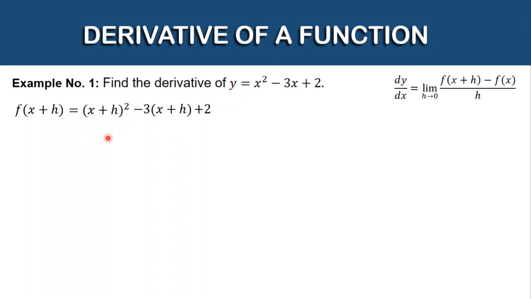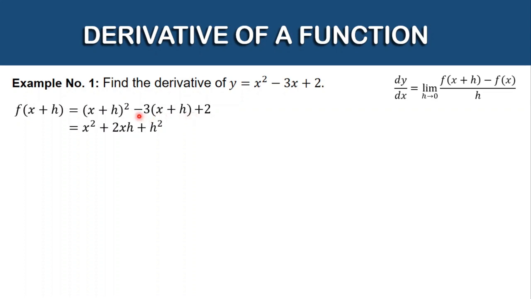Then simplify lang natin tong part na to, yung first term and yung second term. So in the first term, we can use the FOIL method here, or we can solve this mentally. So the answer for this is x squared plus 2xh plus h squared. So square natin yung first term, we have x squared. Multiply natin yung first at second. So x times h is xh times 2. So 2xh. Then square natin yung last term. So we have h squared. So dito naman sa second term, distribute lang natin yung 3 dun sa x tsaka dun sa h.